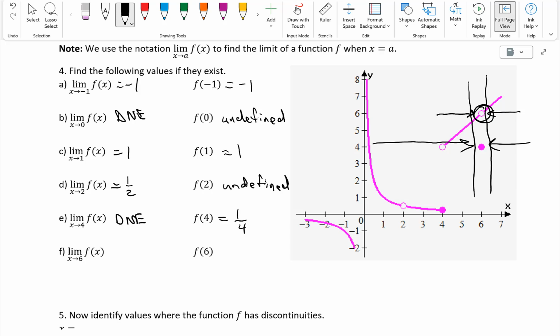If I actually touch 6, I'm going to get that function value. We could put f of 6 here down at 4. But as I zoom in around 6, as I smush in from both sides, I can see my values getting really close to 6. So my value here is 6 for my limit. We can see that height that we're getting really close to from both sides.